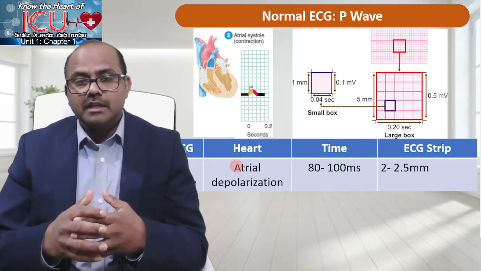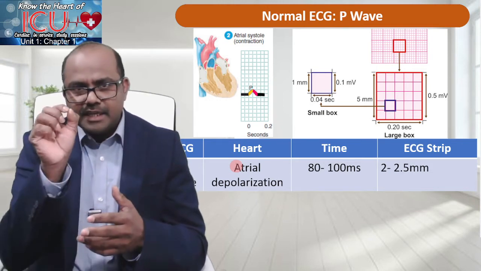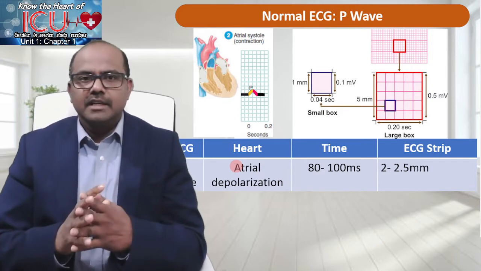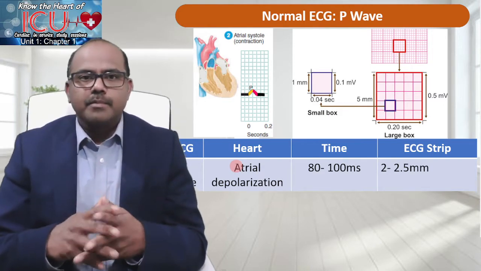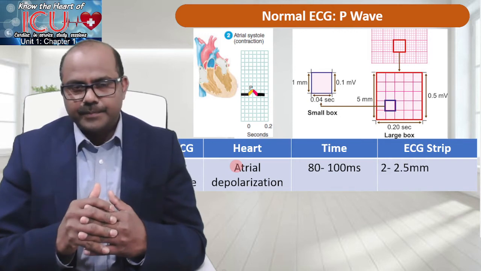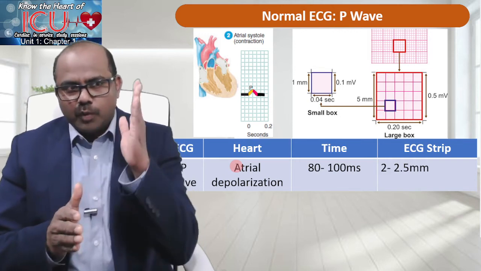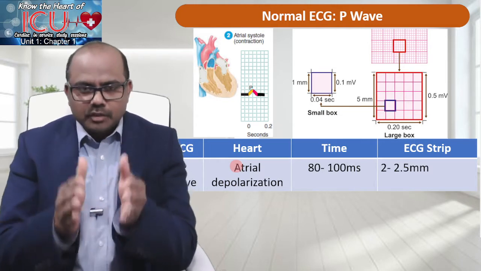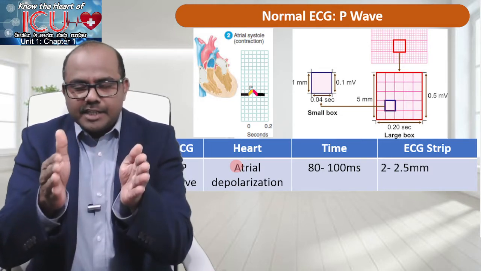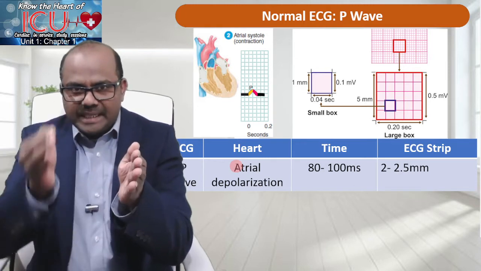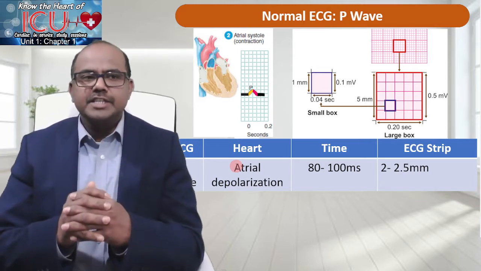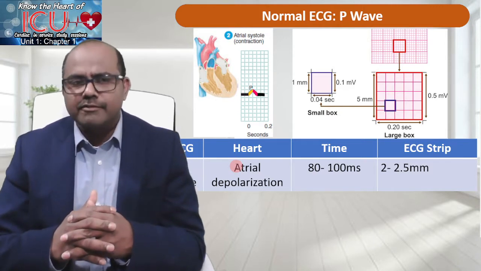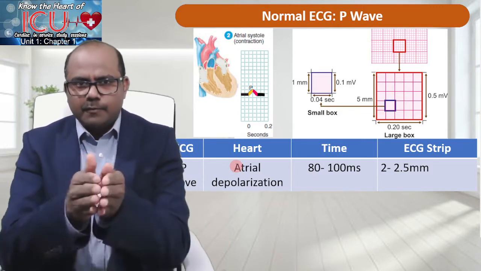In simple terms, if you look at an ECG paper, every single millimeter, every single small tiny square, on the x-axis denotes 0.04 seconds, and on the y-axis denotes 0.1 millivolt. So the time taken for the total atrial depolarization, or the width of the P wave, is usually 80 to 100 milliseconds, or on graph paper it will be 2 to 2.5 millimeters in width.